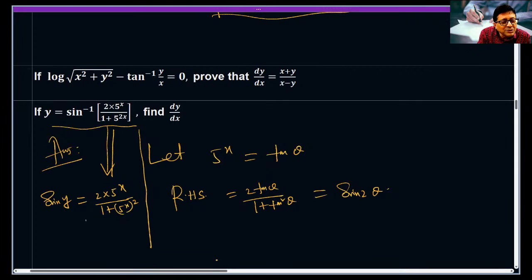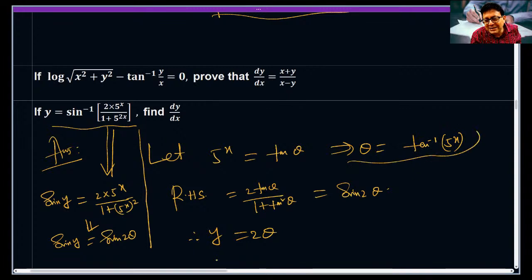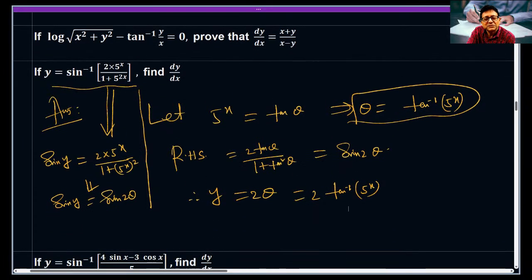So what have you got here on this assumption? Sin y equal to sin 2 theta. Understood? This is the approach. Now theta is what? Tan inverse 5 to the power x. Anyone can differentiate. Just find dy by dx. Isn't it?